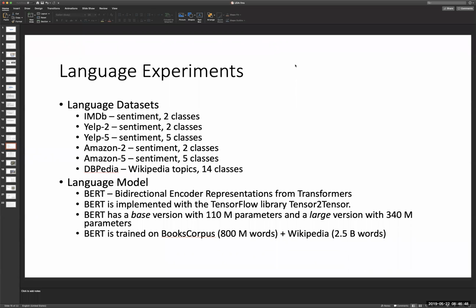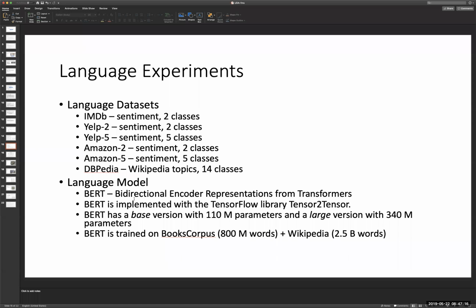So those parameters are then trained on 2 data sets, the book corpus, which has 800 million words, and Wikipedia corpus, which has 2.5 billion words. So that's a lot of data, and it takes that in order to get good estimates of these large numbers of parameters.